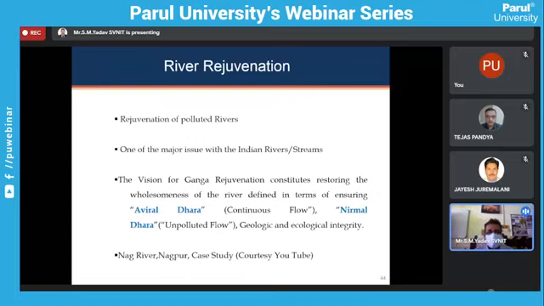As we know, one of the most prestigious projects is Ganga rejuvenation, which constitutes restoring the wholesomeness of river Ganga, defined in terms of ensuring aviral dhara, that means continuous flow, and nirmal dhara, that means unpolluted flow, with geologic and ecological integrity. This is one of the largest projects in our country.